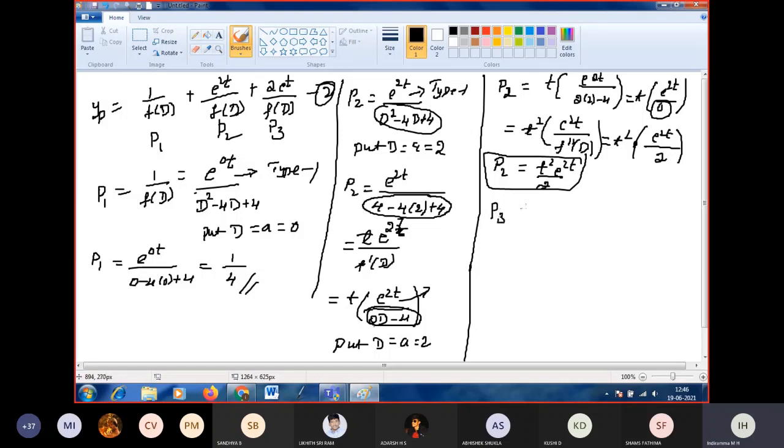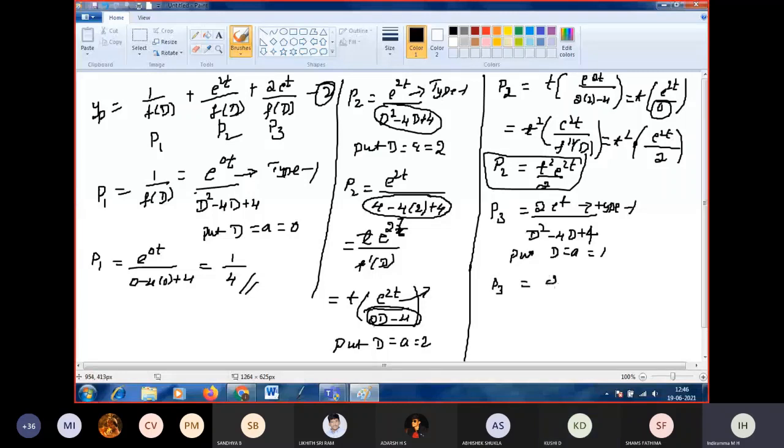Next P3. Consider P3. P3 is equal to 2 into e power t by f of d. What is f of d? f of d is d square minus 4d plus 4. Which type is it? Type 1. In type 1, put d equal to a, where a is 1.